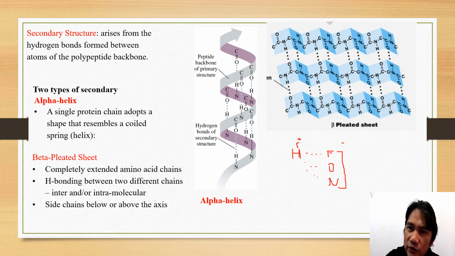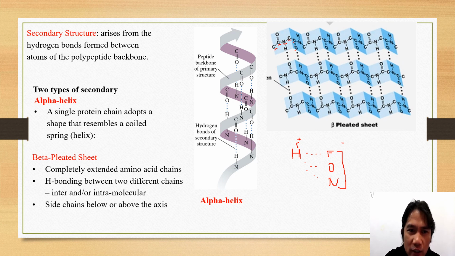So you would consider this as the backbone: the C, CO, and then the N here, then another C, another CO. Those are the atoms of the backbone of the polypeptide. So when hydrogen bonds take place between those atoms, these structures arise.